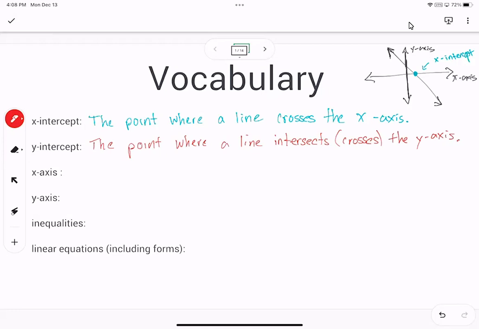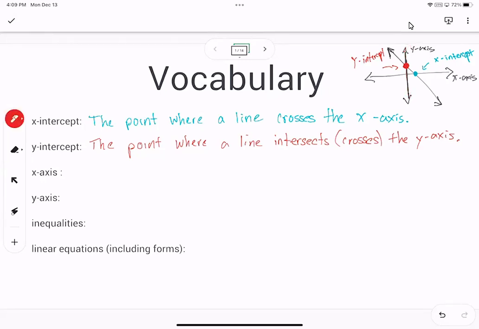So if we look at a little model again, this here is our y-axis right there. So the line that intersects it would be right over here. So I'm gonna plot that right here. And this here would be your y-axis, sorry, your y-intercept. It's the y-intercept because it intercepts the y-axis.